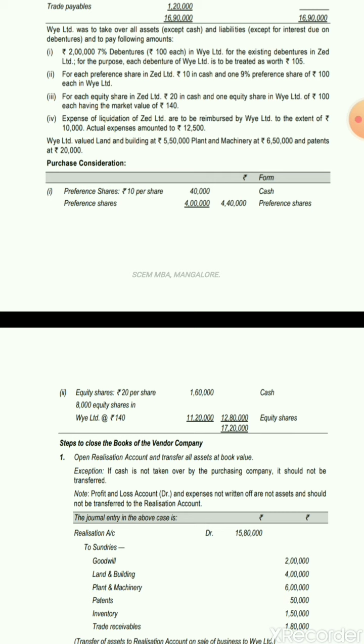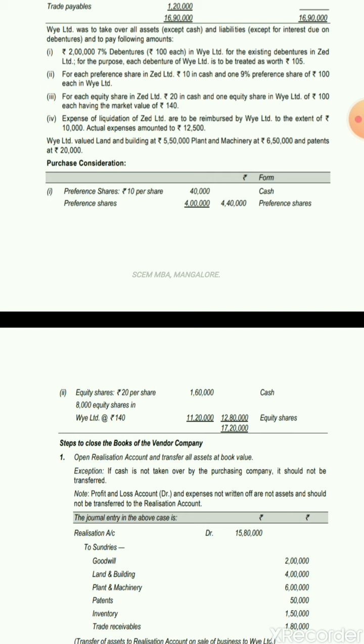So the actual amount of liquidation expenses paid by transferor company comes to only 2,500. Initially it had paid 12,500, right? It got 10,000. So 12,500 minus 10,000, the remaining amount is 2,500. So it has paid only 2,500, as simple as that.